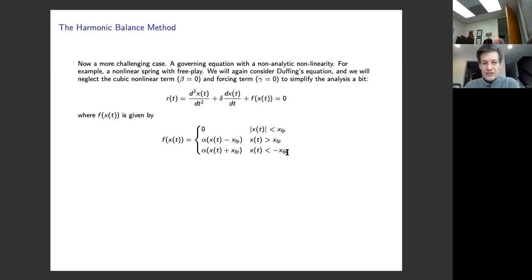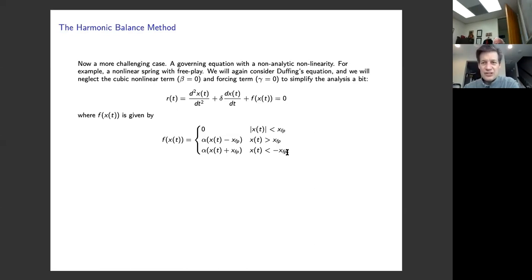And it turns out modern computational fluid dynamics solvers have similar features in them. They'll have things like limiters for capturing shock waves. There'll be other things, perhaps, they're called clamps in a lot of ways, that are just non-analytic sorts of features that you have to deal with.